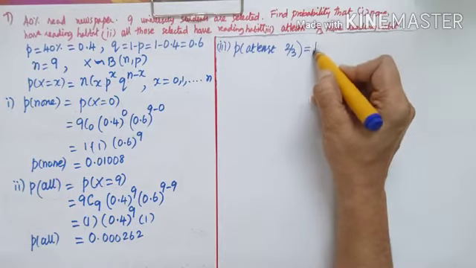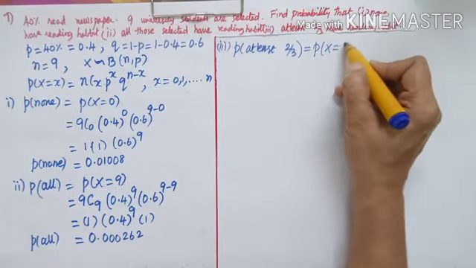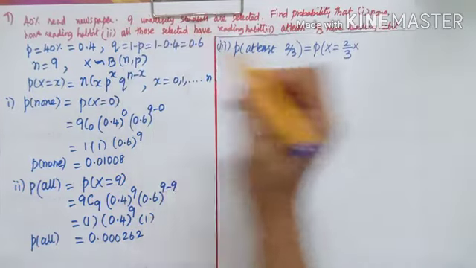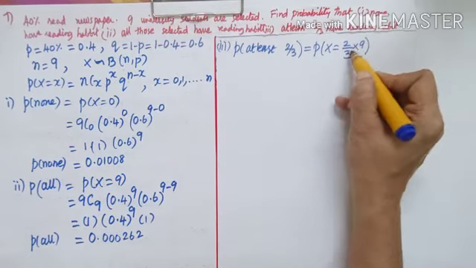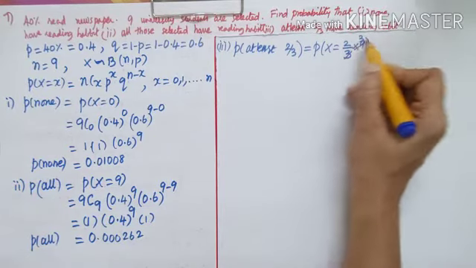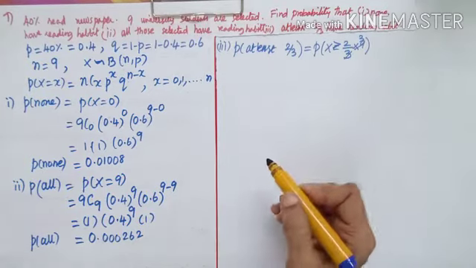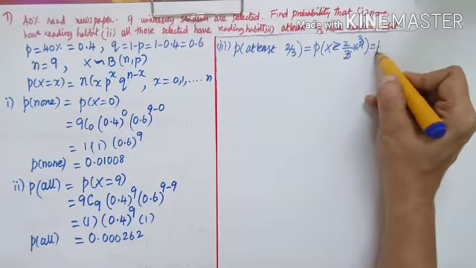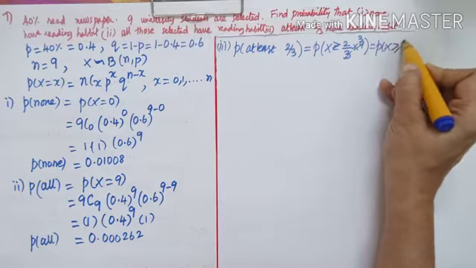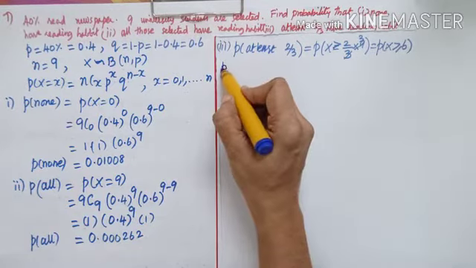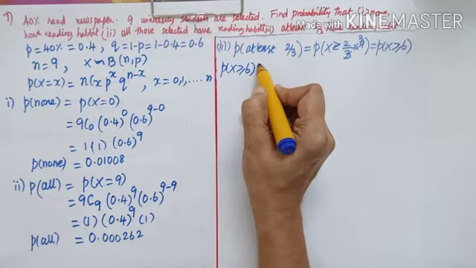Third subsection, the question says at least 2/3 of the people have the reading habit. What do you mean by the word at least 2/3? X is equal to 2/3 of the number of children selected, that is 9. So if I cancel, I get 6. The word at least tells me greater than or equal to. So what I need to find out is greater than or equal to 6.